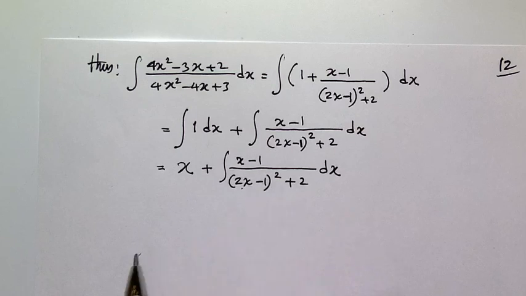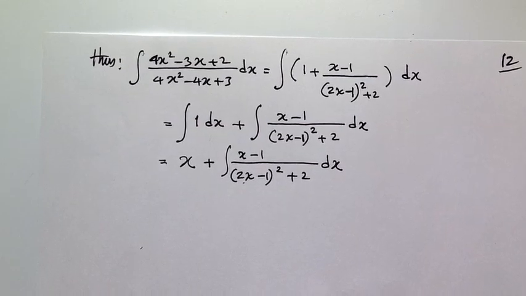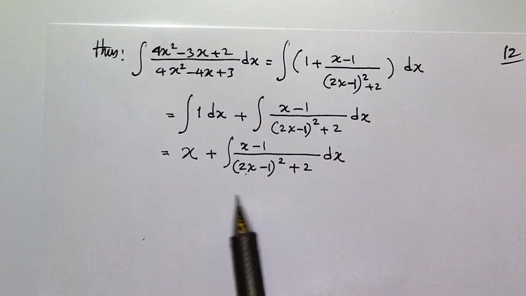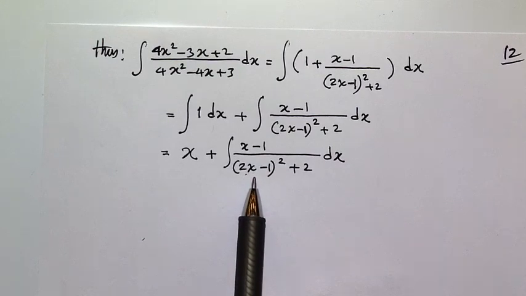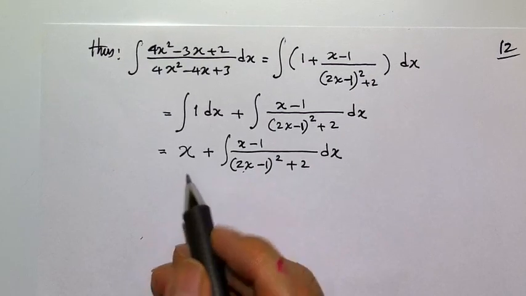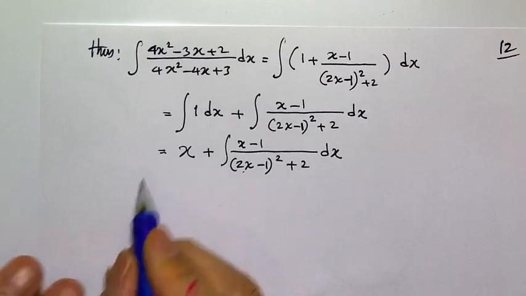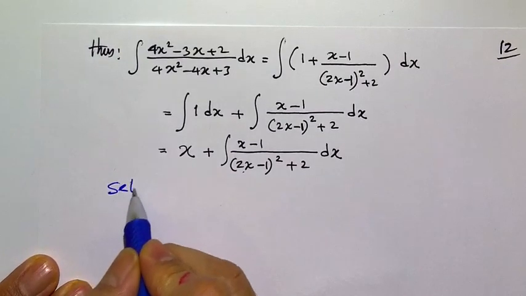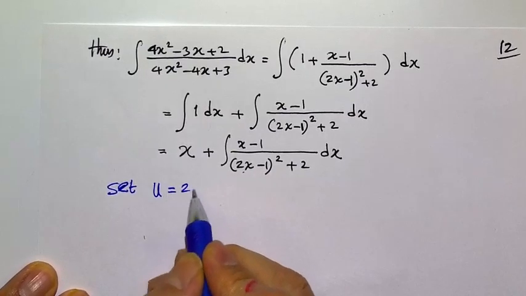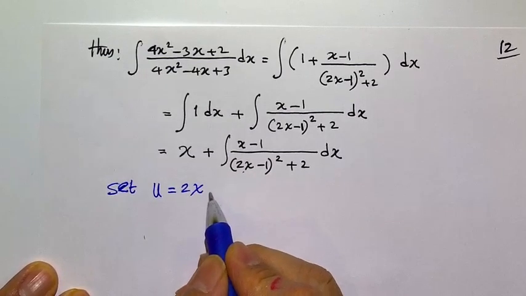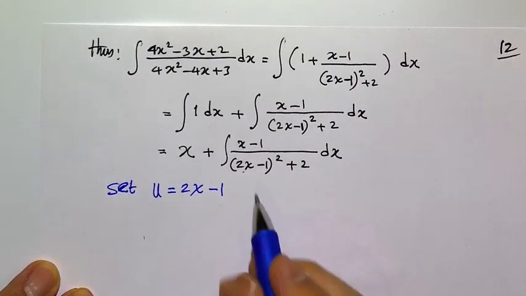And then x would be 1/2. Yeah, that would work actually. I've tested it before, so it should work. So set u equals 2x minus 1.